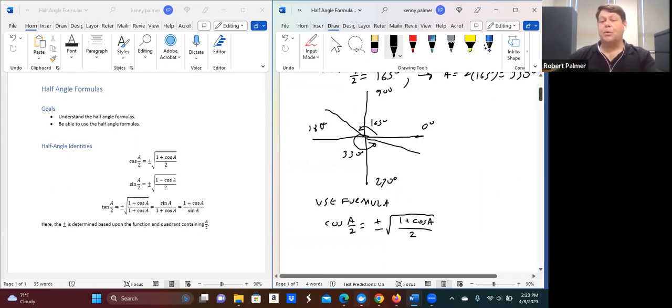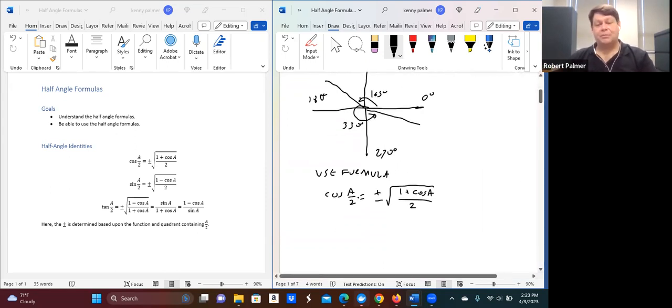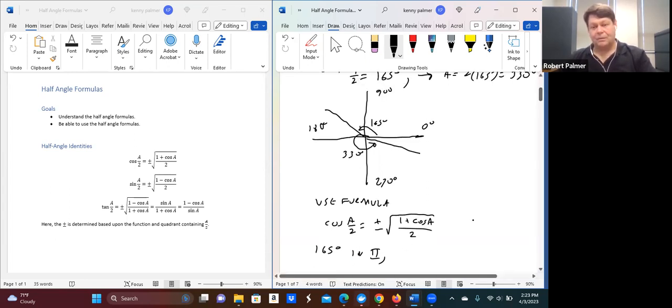Now we need to determine whether we need to use the plus or the minus. So 165 degrees is, we said, in quadrant 2. And in quadrant 2, cosine is negative, since we're on the left side of the y-axis. Cosine of any angle is negative in quadrant 2.